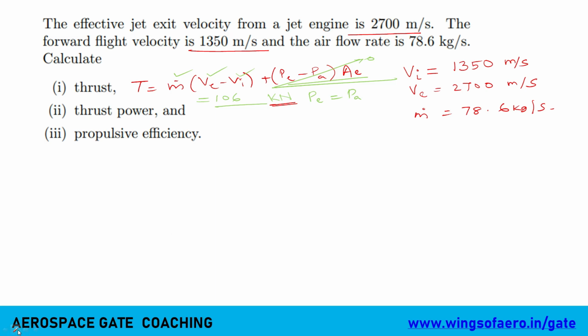Right? Now, the next point we have is the thrust power. Let's define the thrust power as TP. It's nothing but the thrust into (VE minus VI). 143 kilonewton.